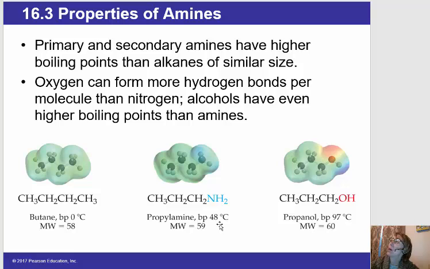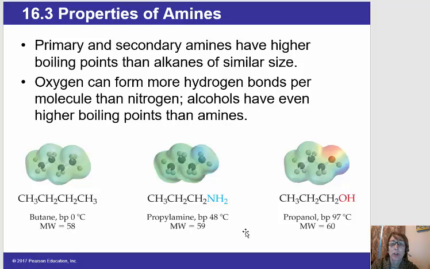So if we look at these 3 compounds, all of similar molar mass, butane, an alkane with a molar mass of 58 grams per mole, propylamine, an amine with a molar mass of 59 grams per mole, and then propanol, an alcohol with a molar mass of 60 grams per mole, all similar molar masses, so the London dispersion forces are going to be the same. We see that butane has the lowest boiling point because the only intermolecular force it has is London.